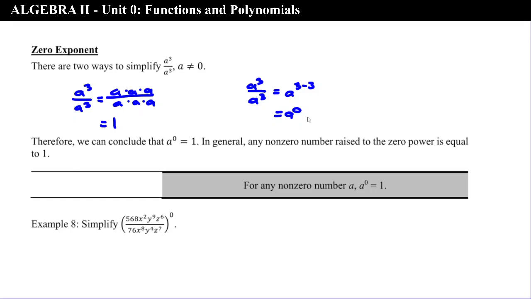And since they both equal a to the third over a to the third, that being 1 and a to the 0, we can set those equal to each other. That's the transitive property. So since a to the 0 equals 1, we can in general say any non-zero number raised to the 0 power is equal to 1. And that's our zero exponent rule.